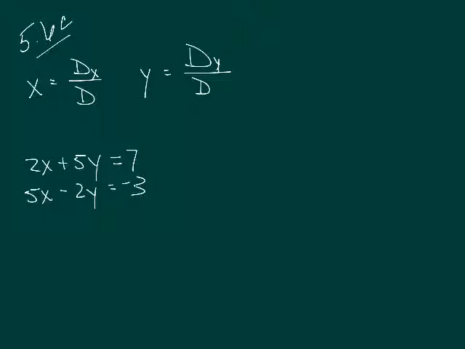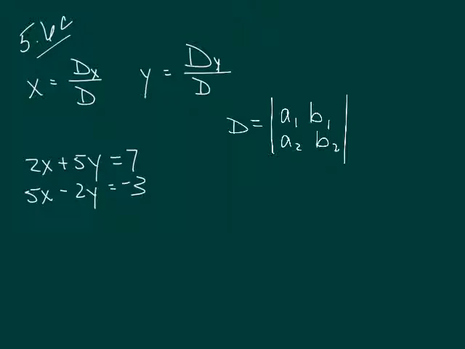Now what I have to do is explain three different pieces of information here: d subscript x, d, and d subscript y. D is found by taking the determinant of A1, B1, A2, B2.